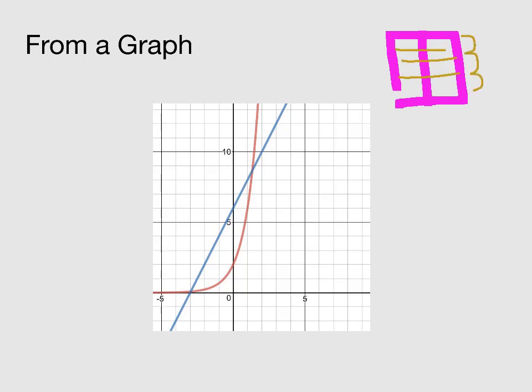So let's look at this. I go from 5, go to 10, and it is going up by the same every single time. So if it is a straight line, remember, A is linear because it's going in a straight line. Okay, B, it swoops. If it swoops, it is exponential.